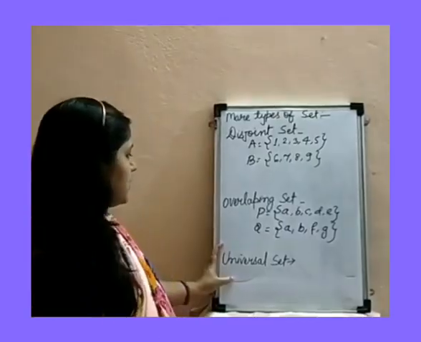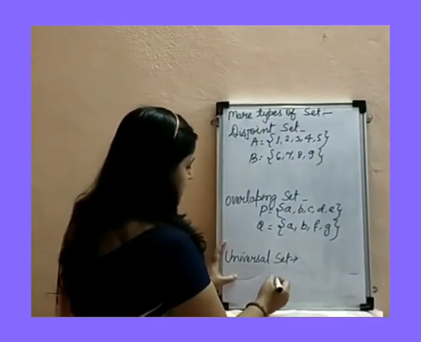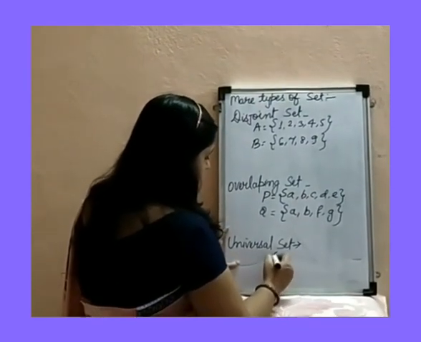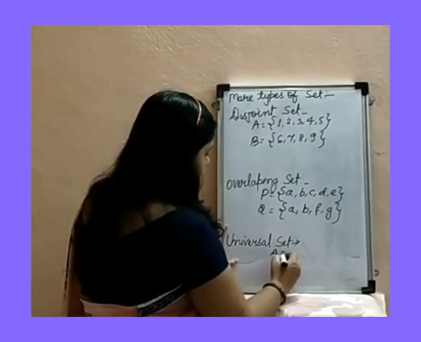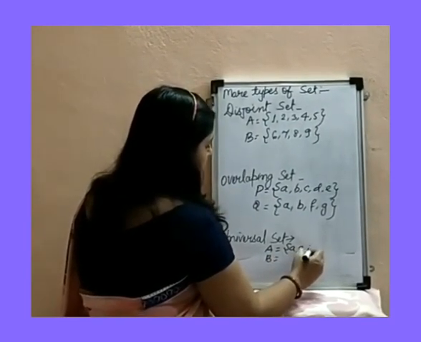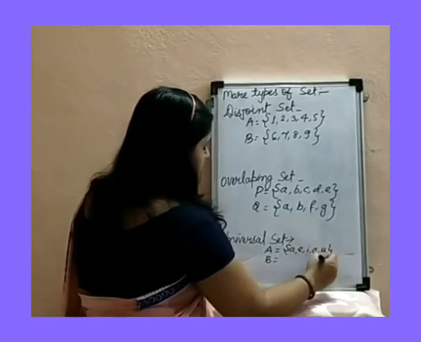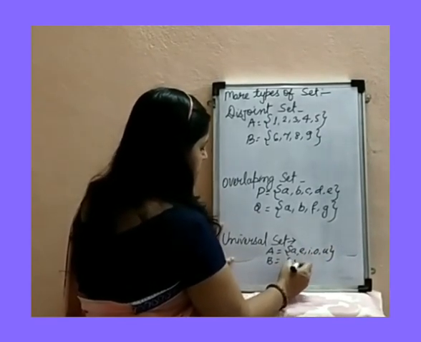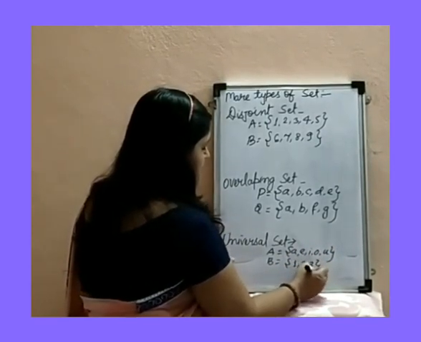Now universal set. If two sets are given, for example set A and set B, set A is given A, E, I, O, U, and set B is given 1, 2, 3.